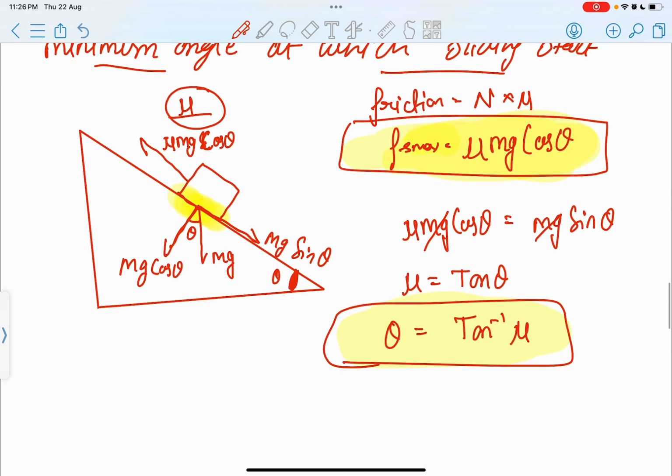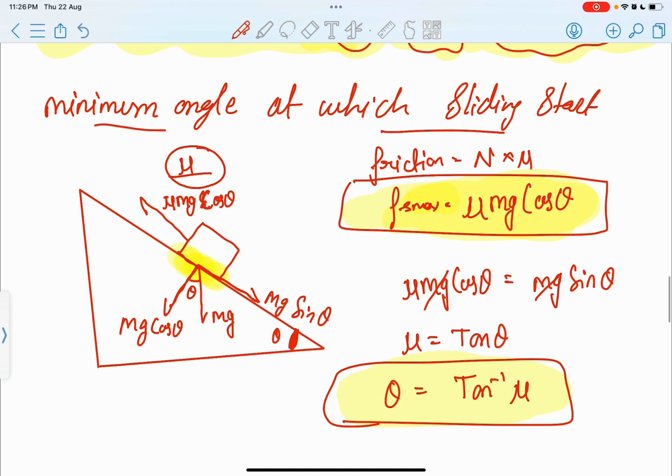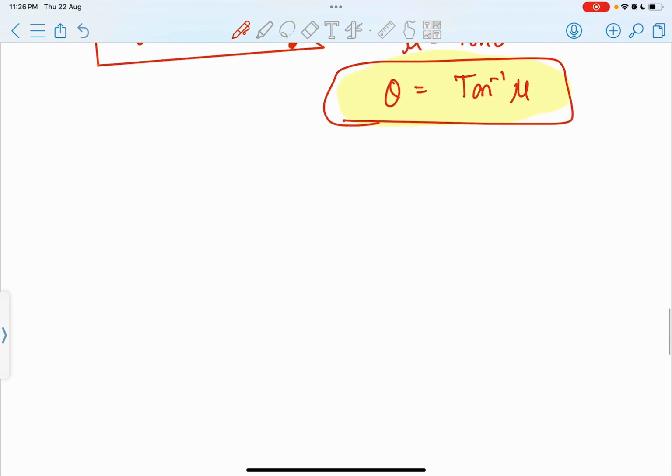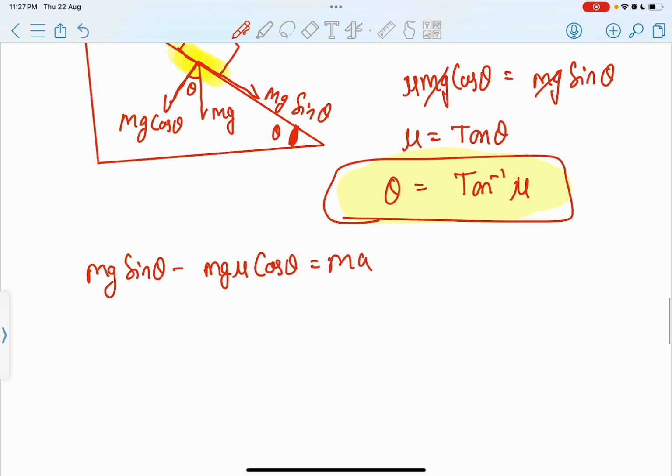Now if anybody asks us what is the acceleration while sliding, then what we have to do is, let's think that it is sliding downward. Then mg sin theta minus mu mg cos theta is equal to ma.